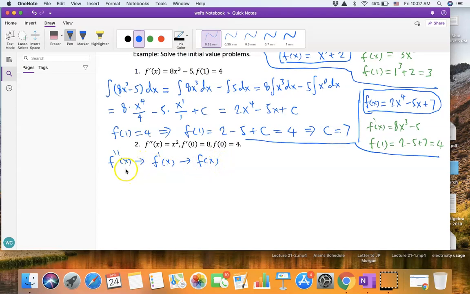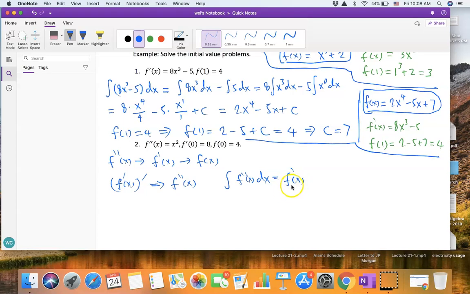Okay. So to find the first derivative function, since the derivative of the first derivative function gave us the second derivative, therefore the integral of the second derivative function will give us the first derivative function.